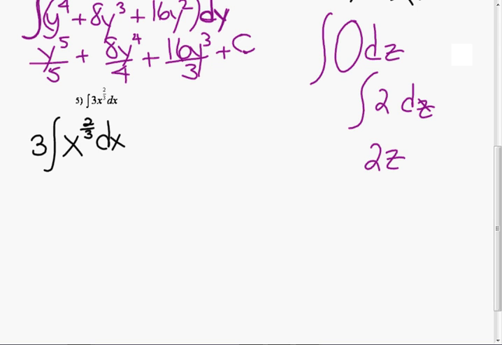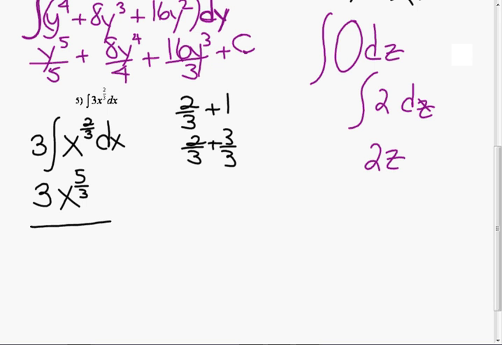Okay. Let's integrate this. This is x. Now I got to take the 2/3 and add 1. 2/3 plus 3/3 is 5/3, and then we will do what? Divide by 5/3. I don't like the way that looks. Do you?